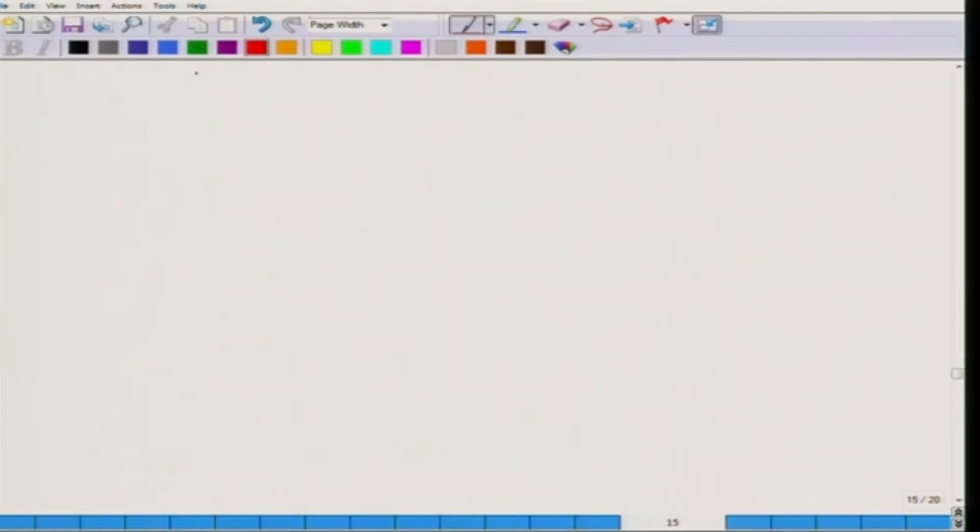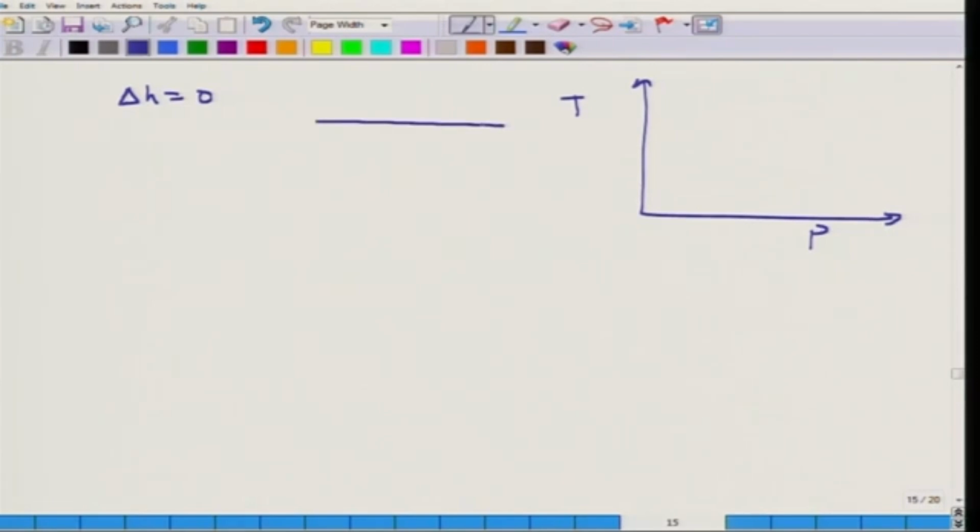Okay, for example, considering what we have developed for the case of enthalpy, we can directly use this expression for the case where delta H is 0, and this would be the case for the throttling process, which we have looked at earlier, where we have developed this expression. If you have T and P, then for a throttling system, with the throttle here, for given P1 and T1, you can vary the property of the throttling valve, and you can change your P and T, and this is an example of the inversion curve which you get.